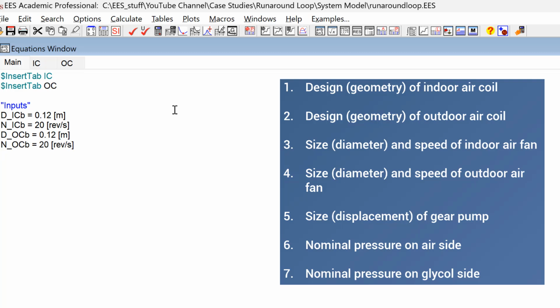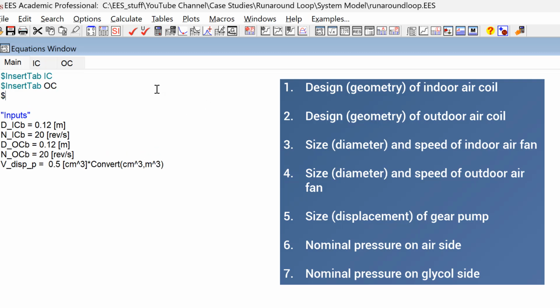And we need to enter the displacement of the pump. So I'll call that V displacement pump, and that's going to be 0.5 centimeters cubed. Let's convert that to base SI units. And while I'm thinking about units, let's go up here and put a dollar unit system directive. Alright, and then what else do I got to put here?